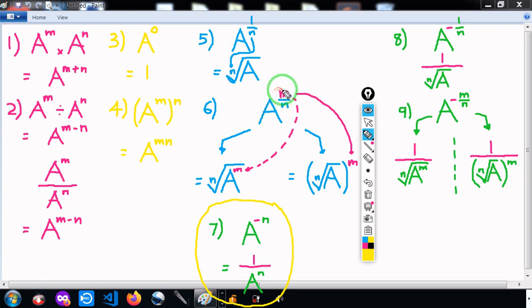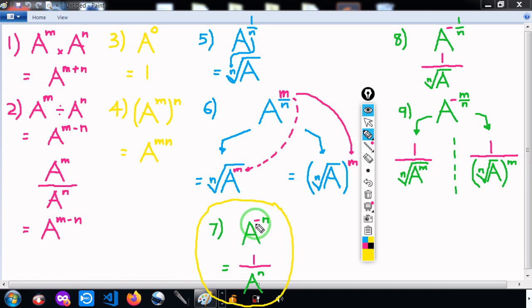A to the power of m over n is equal to the nth root of a to the power of m, also the same as open bracket, nth root a, close bracket, to the power of m.